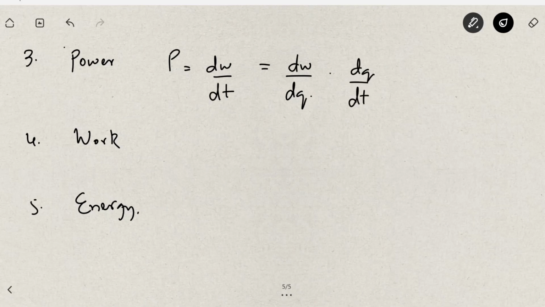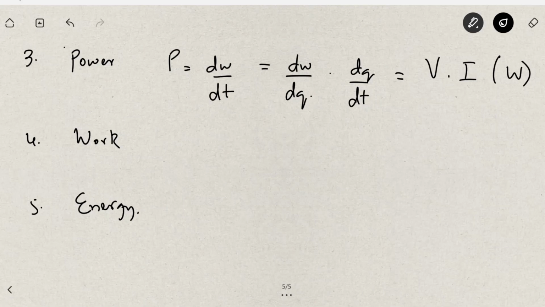Why did I do this? Because dW by dq we have already said is voltage, and dq by dt we have already said is current. So power is actually measured in terms of voltage and current through their multiplication, and the unit of it is watts, represented by W.